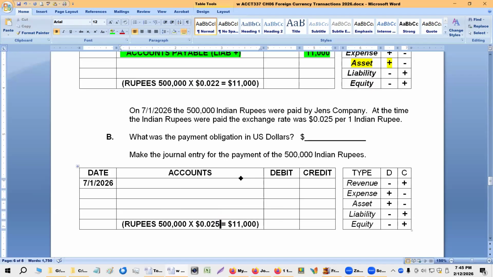What would that be? Yeah, 12,500. Okay. So we have to take 12,500 and buy 500,000 rupees.